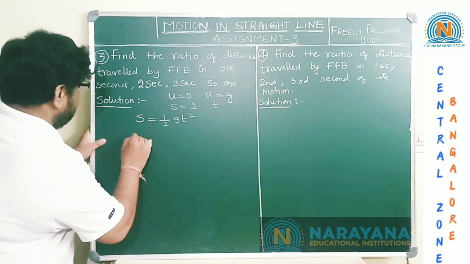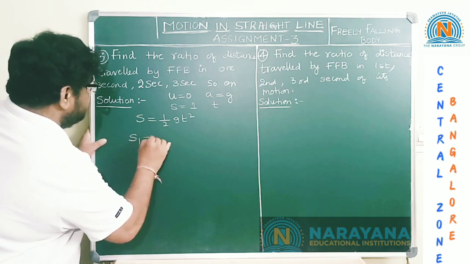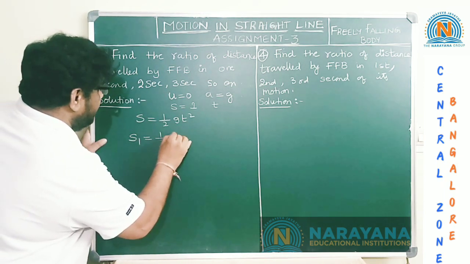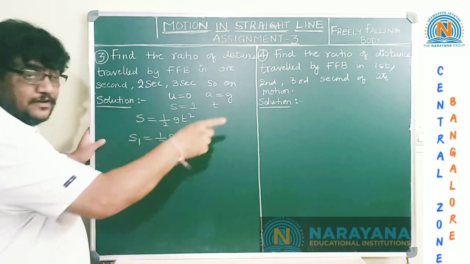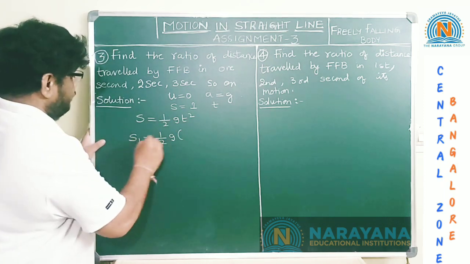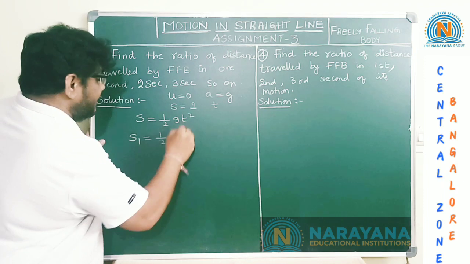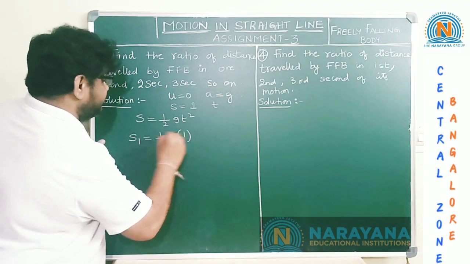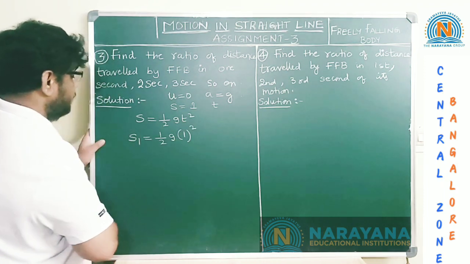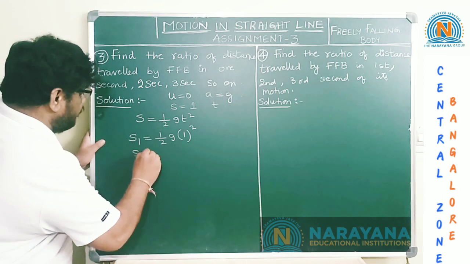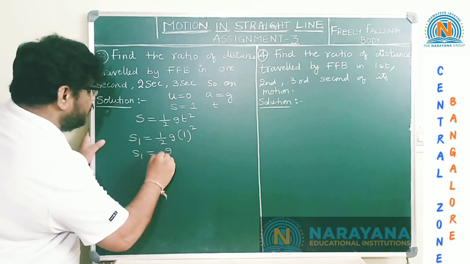So S1 will be equal to half g t1 square. t1 square means 1 square. So S1 will be equal to g by 2.